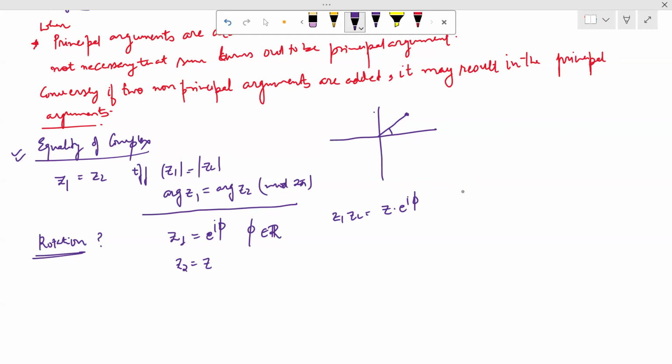It is quite easy to see that z into e to the power iota phi is equal to rotating this complex number by an angle phi. Basically, if I rotate this line by angle phi, this particular line is equal to z into e to the power iota phi.